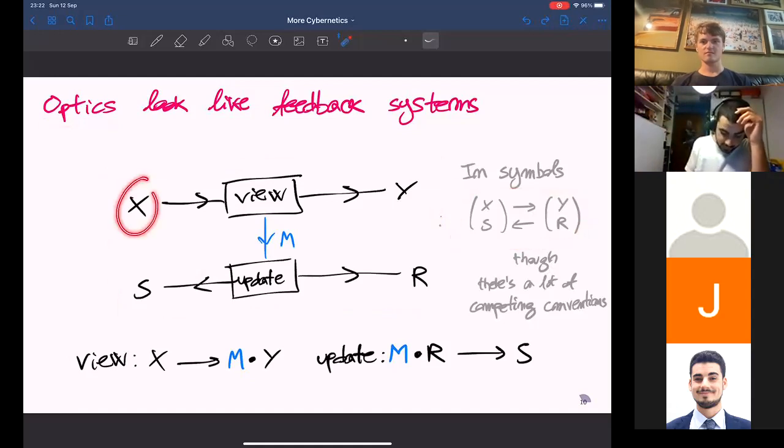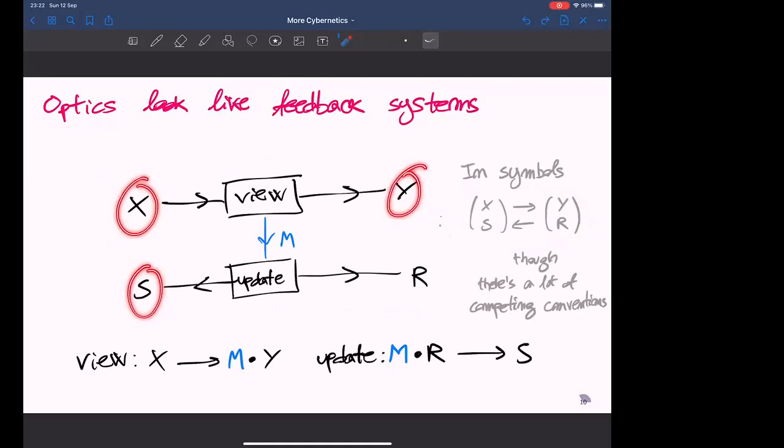So I have a pair of, let's say, sets on both boundaries. So an optic is, first of all, a kind of morphism in a certain category. So it's a thing that goes from one left boundary to one right boundary, and these boundaries are made of pairs of sets. And it's simply a pair of maps.